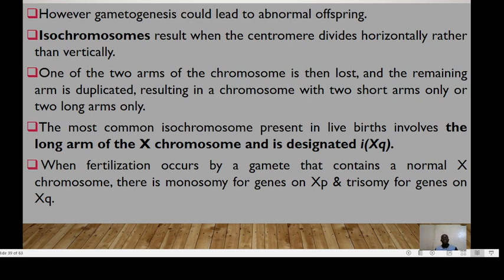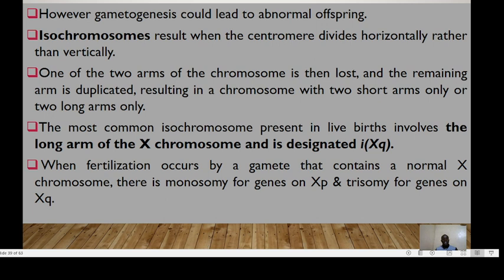Isochromosomes result when the centromere divides horizontally rather than vertically. One of the two arms of the chromosome is then lost and the remaining arm is duplicated, resulting in a chromosome with short arms only or two long arms only.